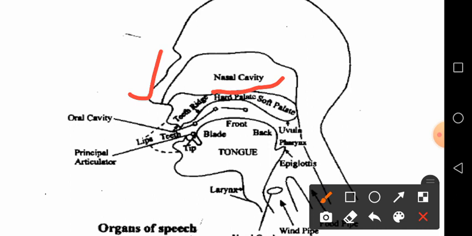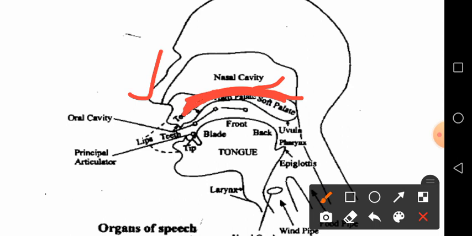Like teeth, lips and tongue, even the upper part of the mouth above our tongue is called the palate. We also use the palate while articulating certain words. This is called the alveolar ridge that we use while speaking.